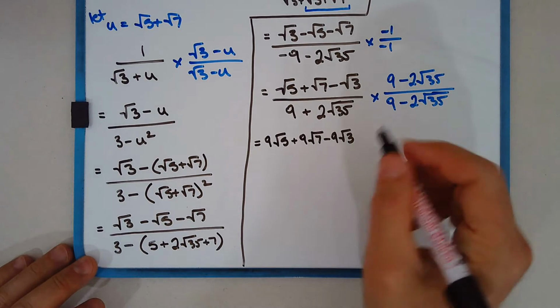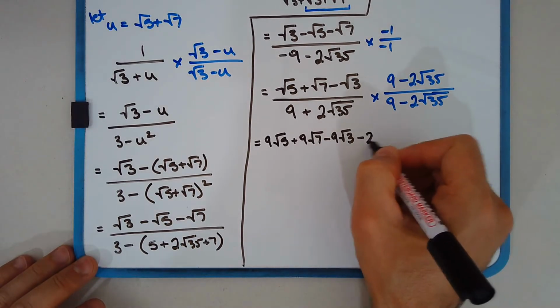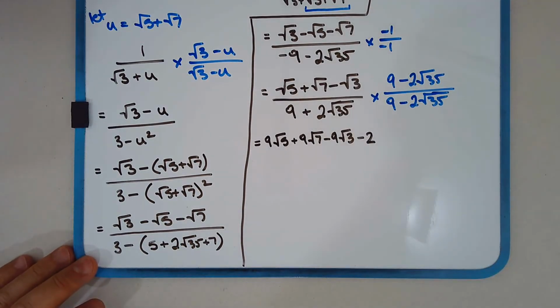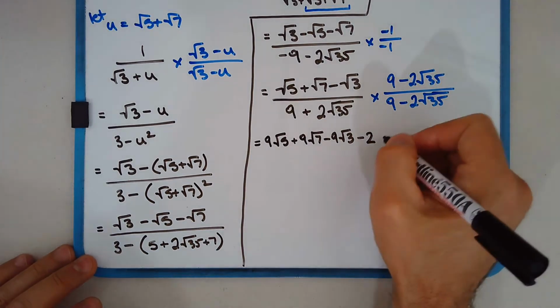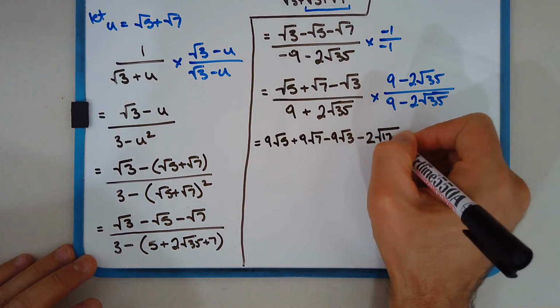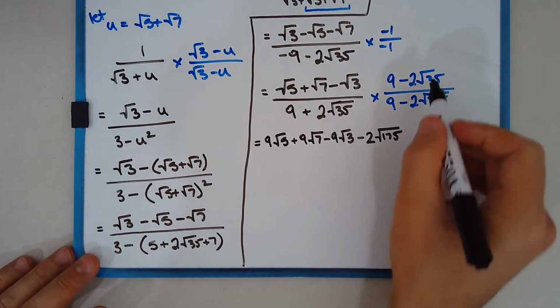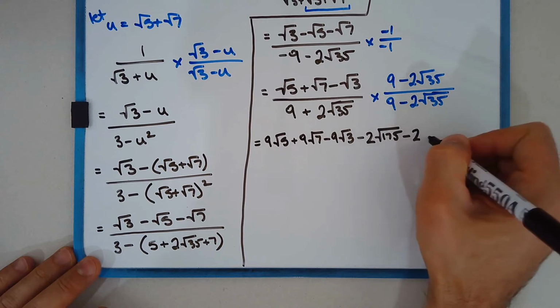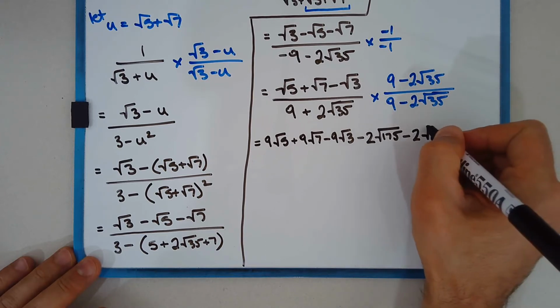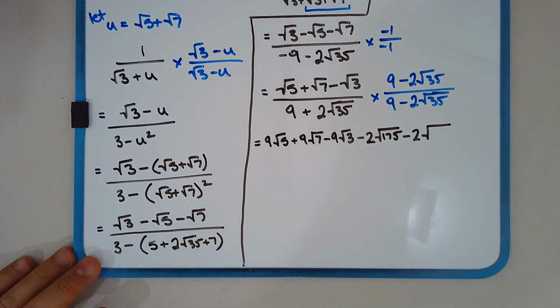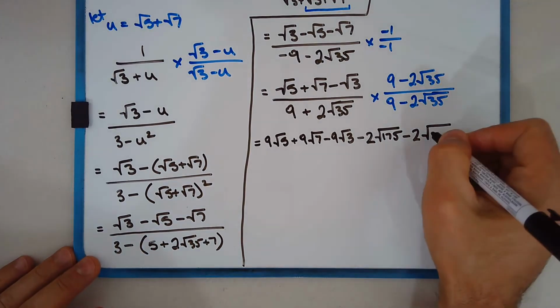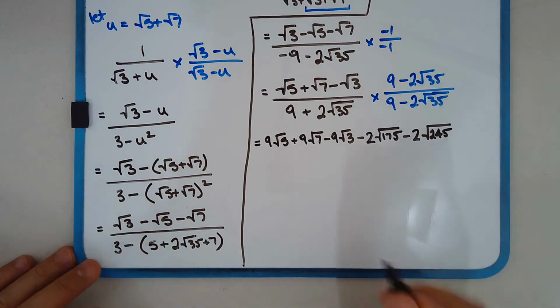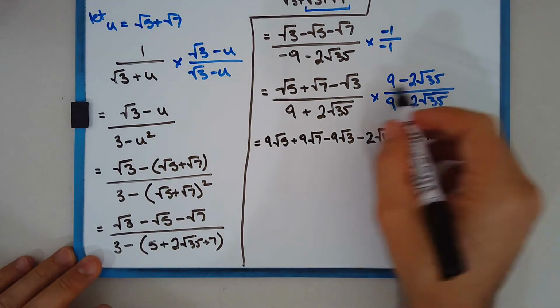And then we're going to minus 2, and 35 times 5 is 175, of course, so minus 2 root 175. Then we're going to have minus 2 root, I think it's 245 from memory, so 35 times 7 is 245, of course.